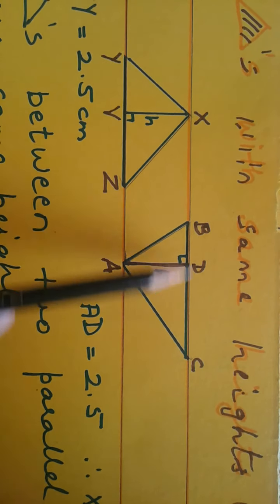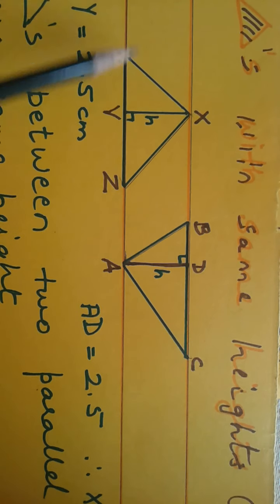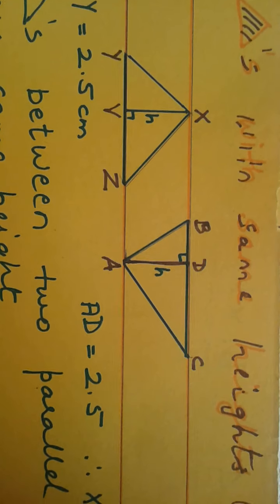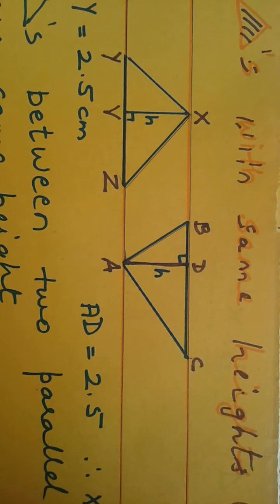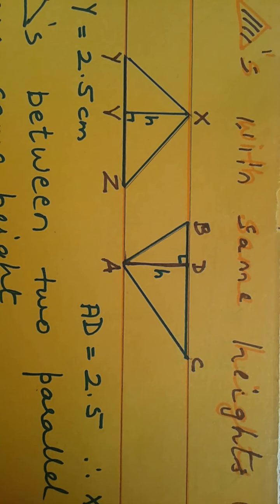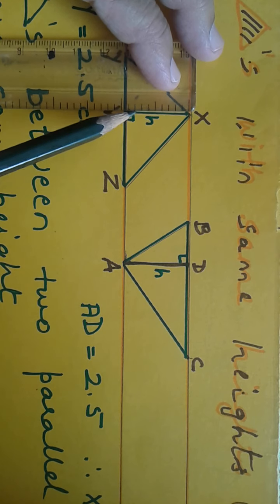If we have this line L parallel to line M, you can compare it with the two railway tracks. The distance between the two railway tracks is always the same. Therefore, the distance between the two parallel lines is always the same.